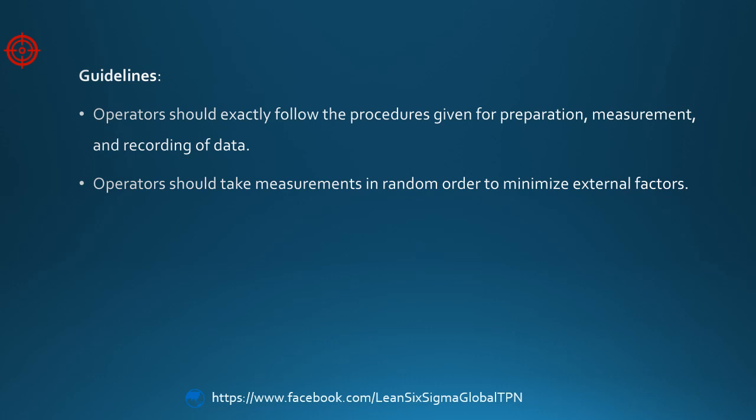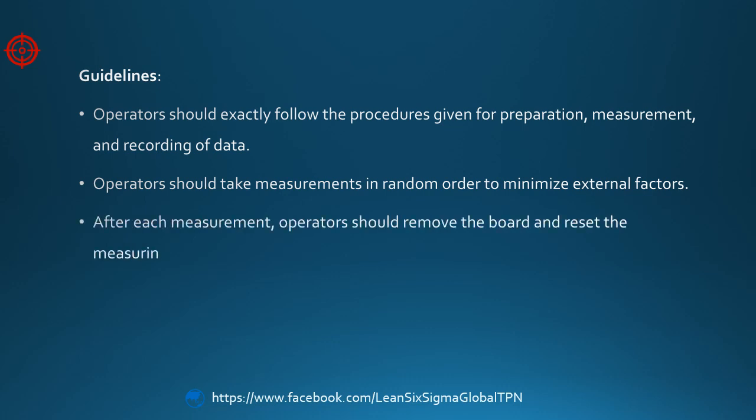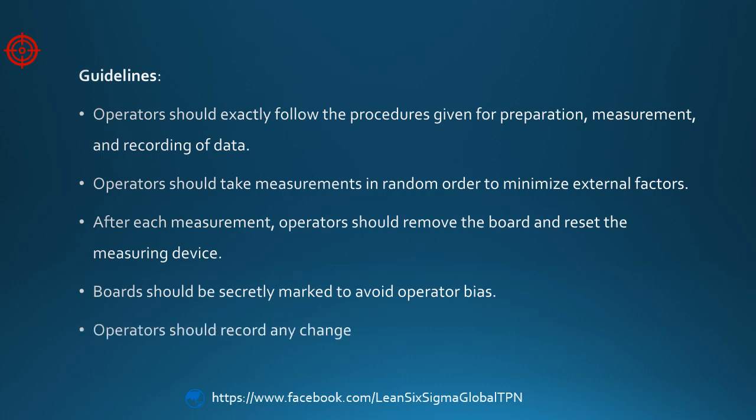After measuring each board and removing it from the PCBI viewer measurement tool, they should reset the measuring device. The boards should be secretly marked to avoid operator bias. And finally, operators should record any changes in conditions that may occur, such as temperature or time of day.